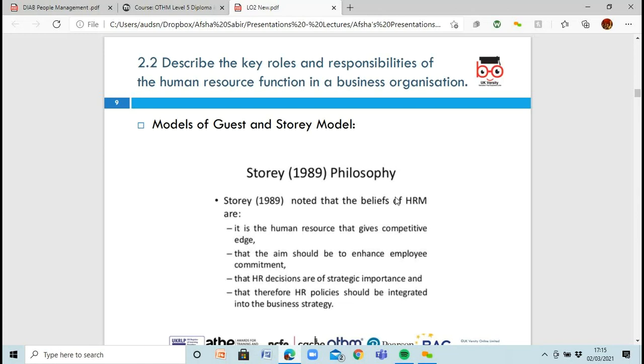So overall, what Storey believes is that you need to make sure that you've got an employee base that you're working towards, them being committed to your company, and that anything that you're doing for your company, you're actually working towards the strategic goals or the organization goals, and any policies, any sort of implementation that you're doing needs to be worked within your own organizational modes.